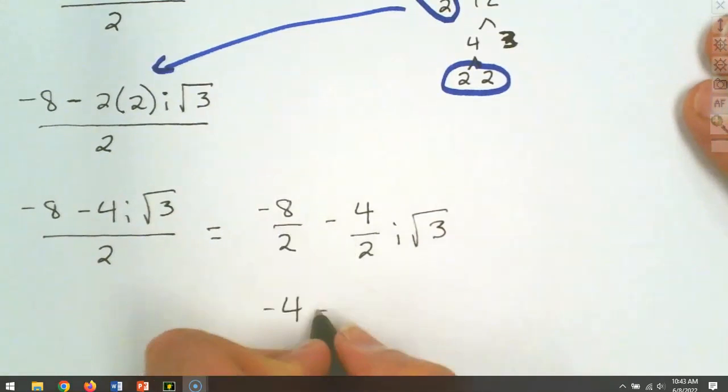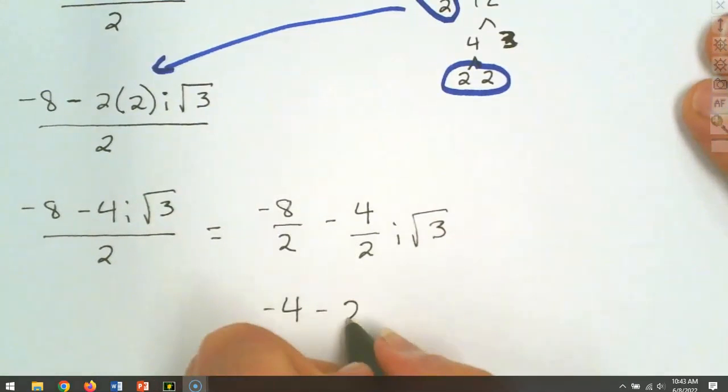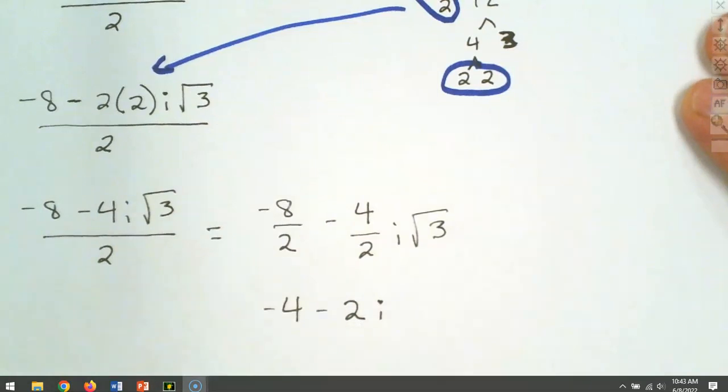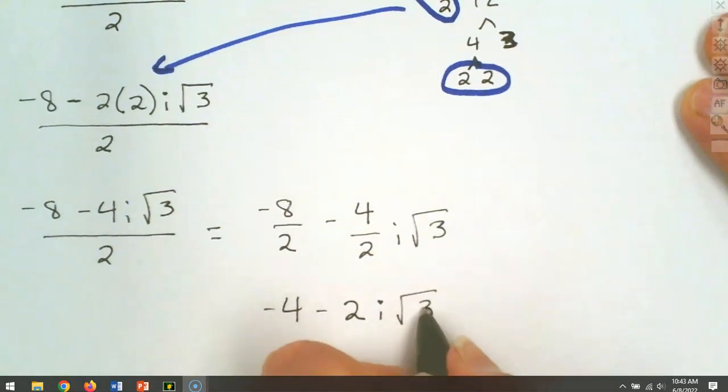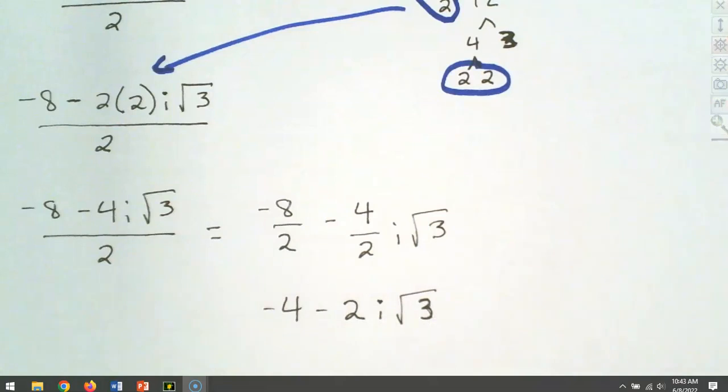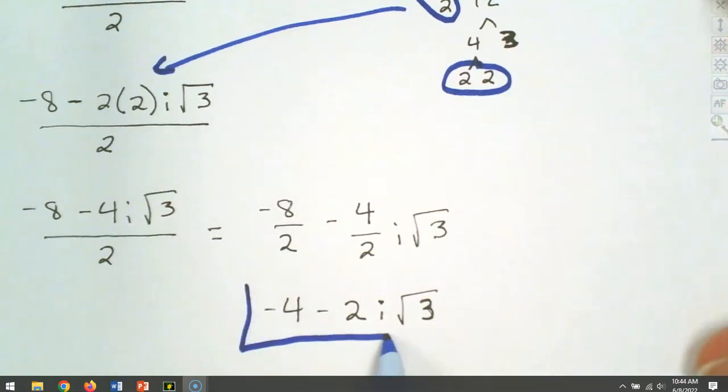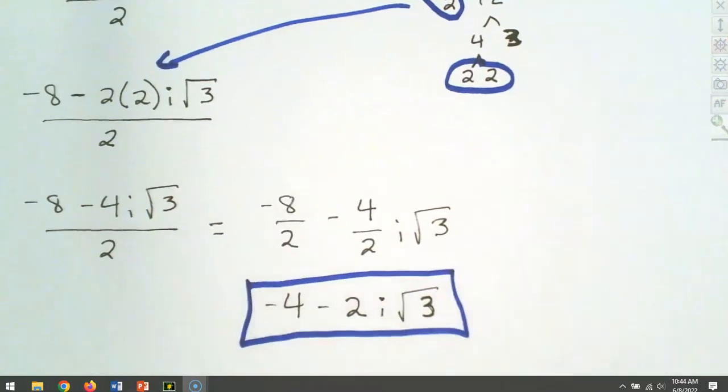Negative 4 over 2, that's a -2. The i comes down, and so does the square root. And so that's your final answer in standard form. One more, and then we'll move on to the next section.